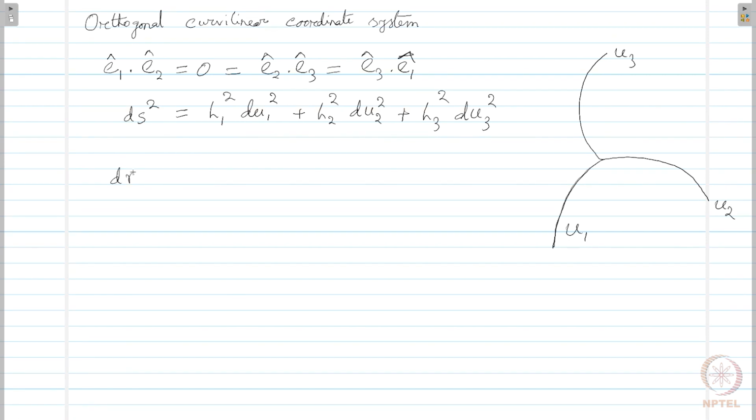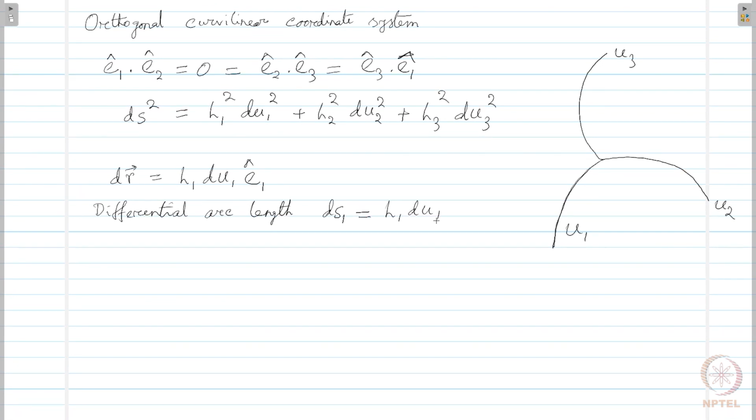On that line dr will be given as h1 du1 e1, and the differential arc length ds1 along u1 at any point p is h1 du1.